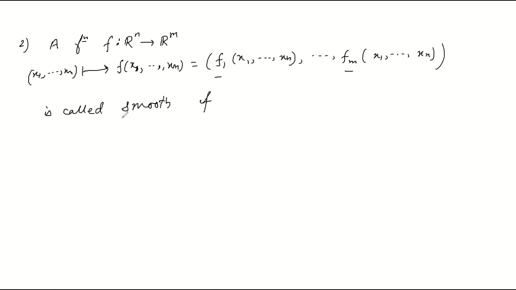So here a function f from Rn into Rm is called smooth on its domain Rn if its component functions are smooth. The component functions fi are from Rn into R, so real valued, for i equal to 1 to m.